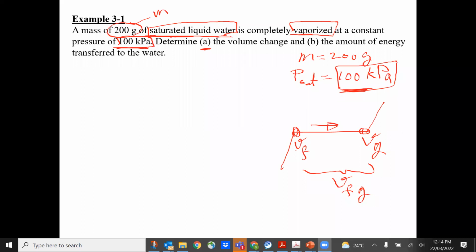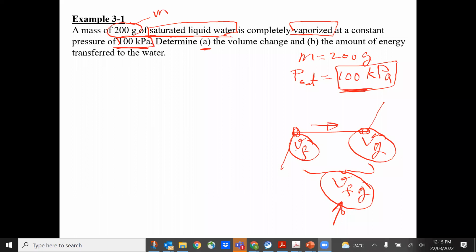Because we have pressure, we don't go to the temperature table, we go to the pressure table, which is table number 5. At this pressure I need to find VF and VG, or maybe some tables give you VFG directly. We have columns for VF, VFG, and VG, so we can immediately take this number as the change of volume. But this is specific volume, not volume.